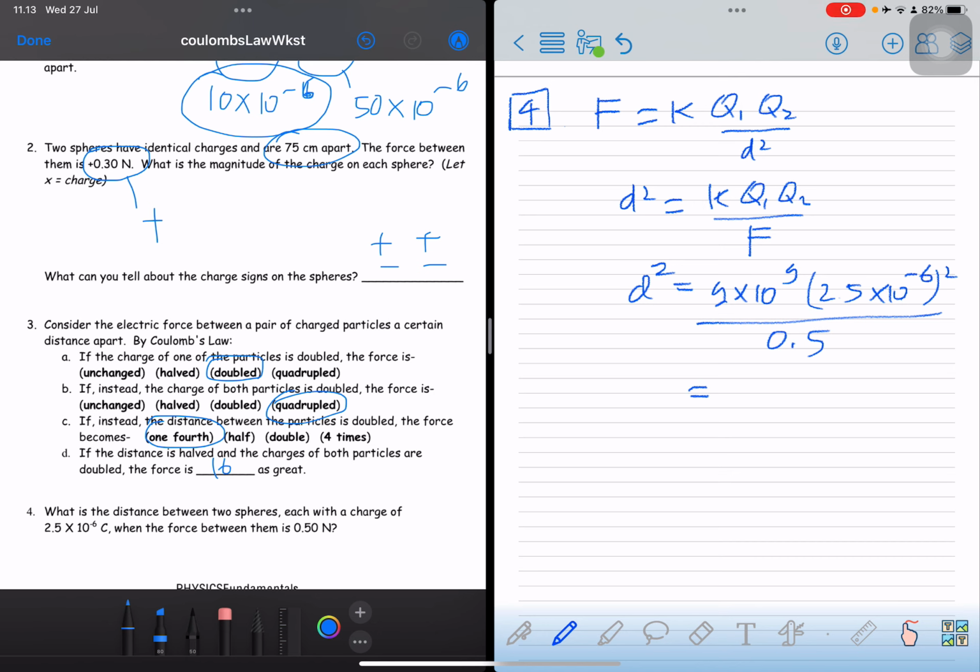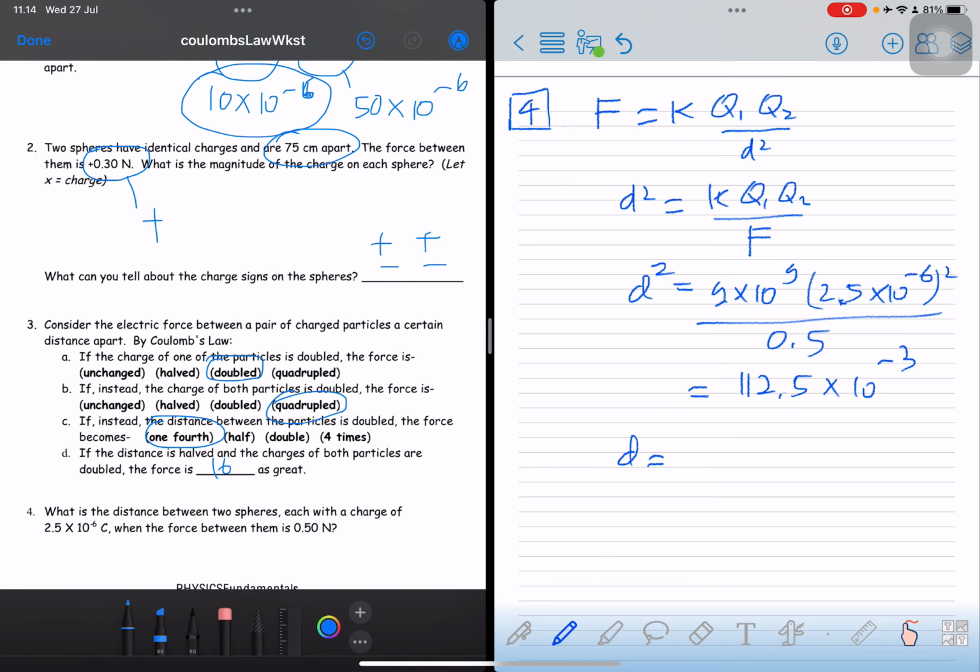Okay, we calculate first. 9 times 2.5 squared divided by 0.5 is 225 divided by 2, or 112.5, times 10 to the power of 9 negative 12, which is 10 to the power negative 3.